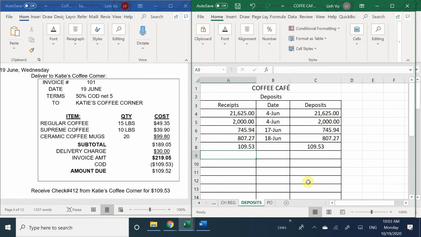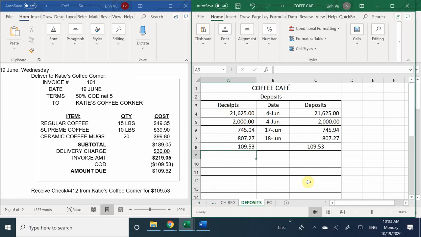So in this case, we know that we're going to put it in our checking eventually at the end of the day. This is just a reminder that we collected $109.53 from Katie's Coffee Corner, but we're not going to deposit just yet. Okay, good.